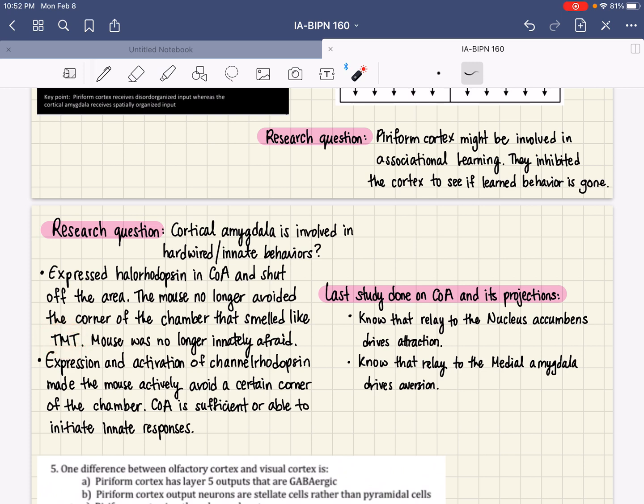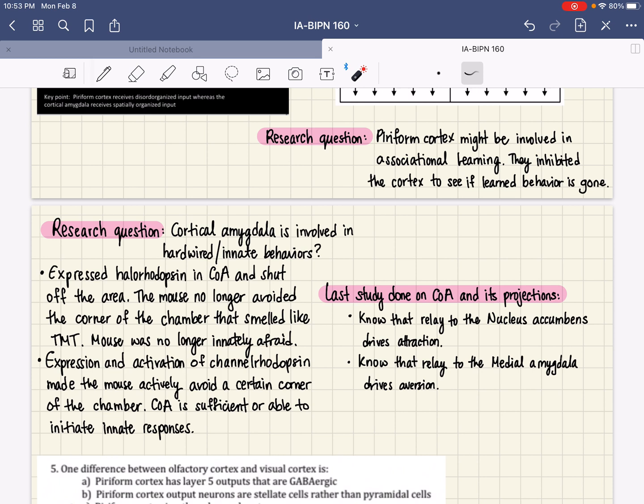So when they expressed halorhodopsin and they shut off the cortical amygdala, they realized that manipulation of this area of the brain made the mouse completely not even care about the smell of TMT. Okay, so the mouse was no longer innately afraid.